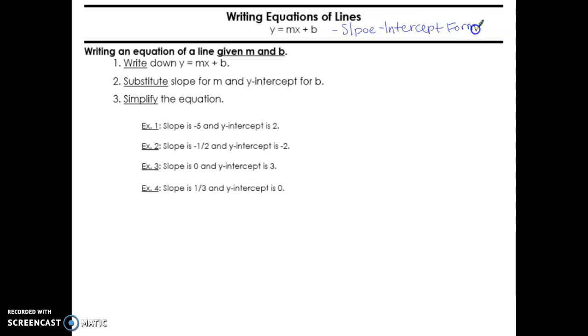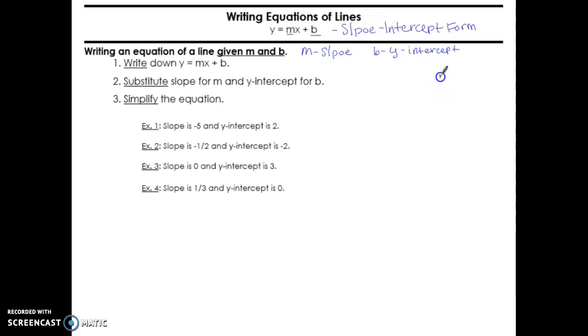So the reason this is called our slope-intercept form is because we have y is equal to mx plus b, where m represents our slope, and b represents our y-intercept.